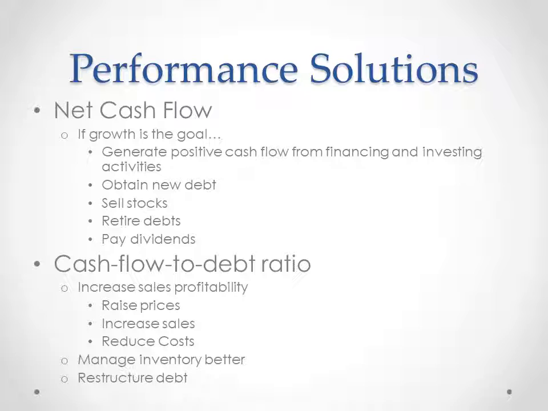Next, cash flow to debt ratio. The company can take steps to reduce and improve debt to capital ratios by increasing sales profitability, managing inventory better, and restructuring debt. Increasing profitability can be done by raising prices, increasing sales, or reducing costs. The additional income can be used to pay down existing debt.